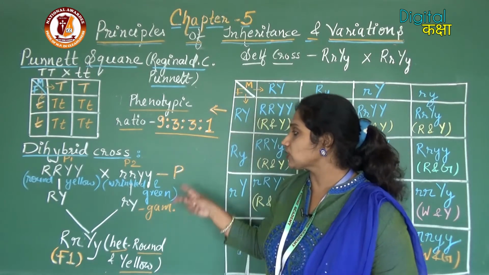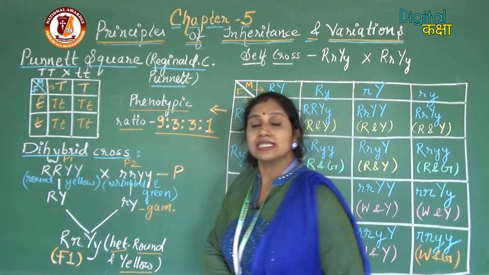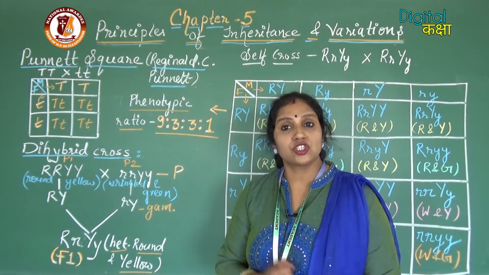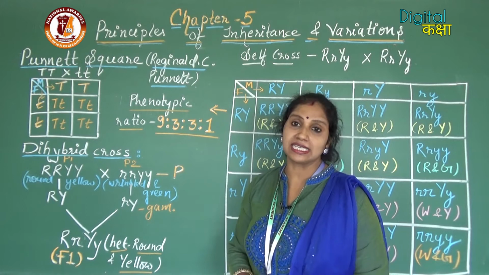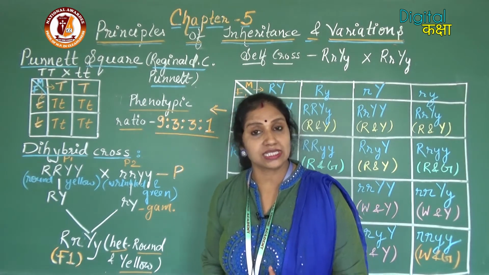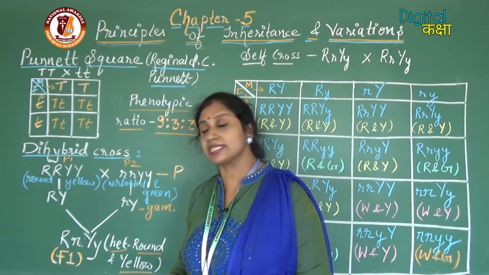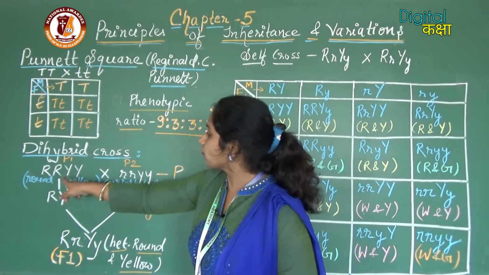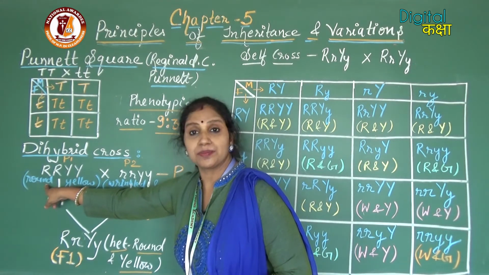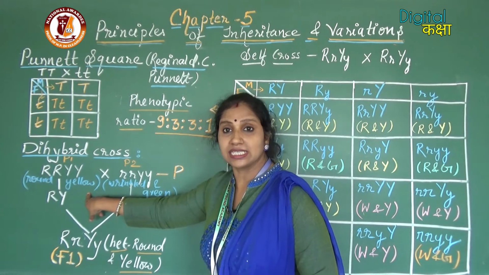So let's see what are the 2 characters we are going to take. Number 1 is the shape and number 2 is the color of the seed. So we are considering 2 genes, the shape and color of the seed. The dominant shape is round and the dominant color is yellow.